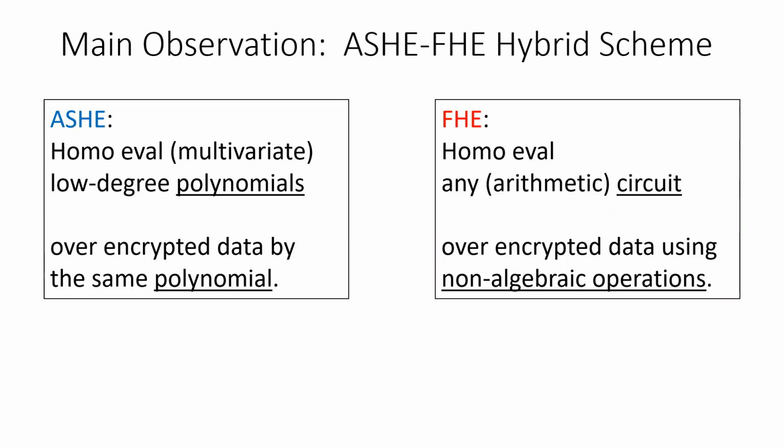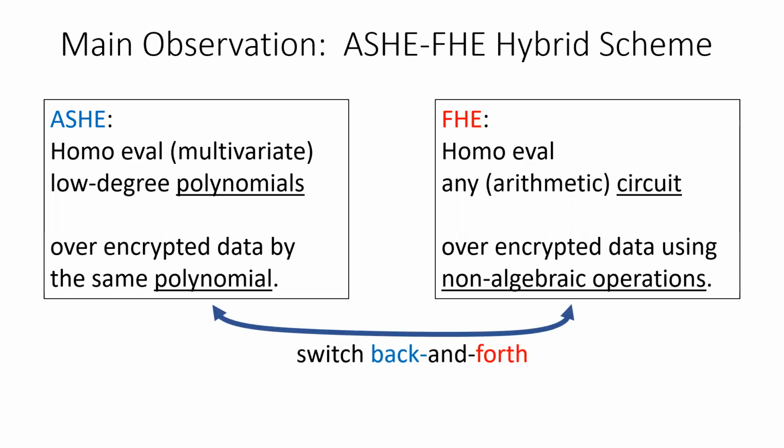In particular, the queries are indeed ASHE ciphertexts in the construction of PIR. So our main observation is that they have totally different ways to perform the homomorphic evaluation, and they have different constraints. But the format of their ciphertexts is almost the same, and we can switch the ciphertext back and forth between the 2 worlds.